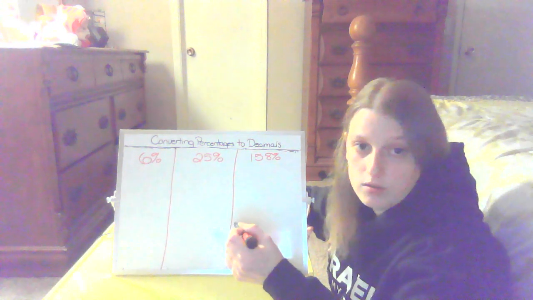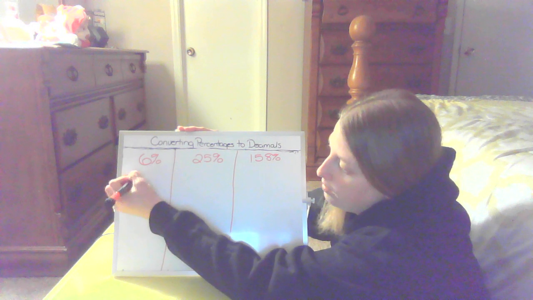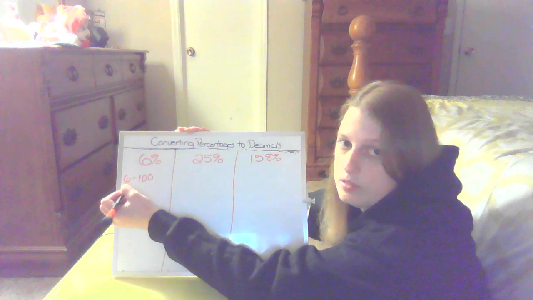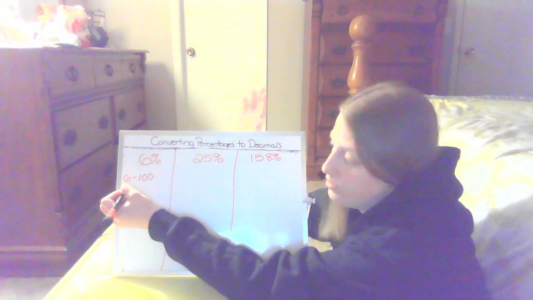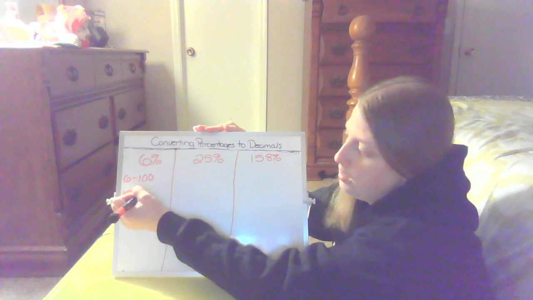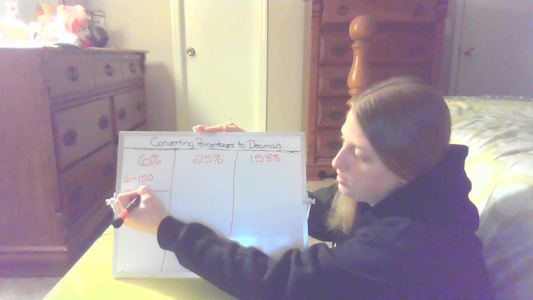So we're going to use long division. We're going to do 6 divided by 100. And when we do our long division, our 100 is going to be on the outside of the division instead of on the inside. So we're going to put 100 here, and we're going to write our 6 right in that division sign.